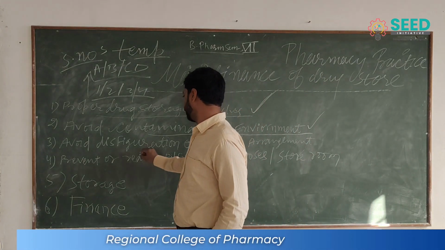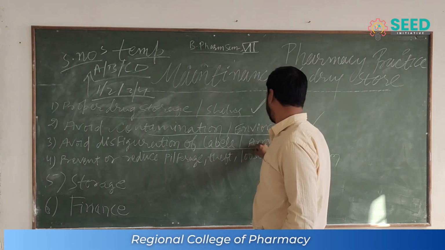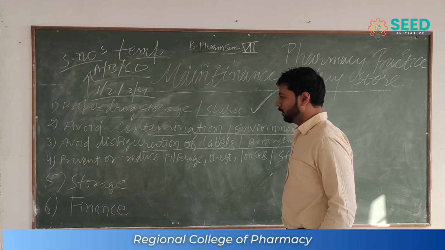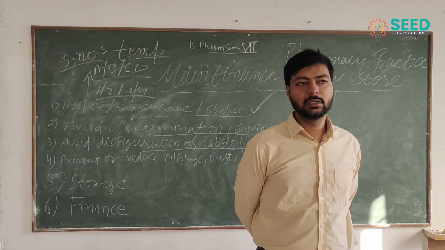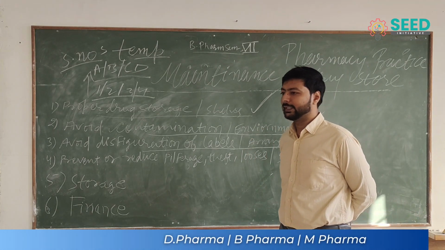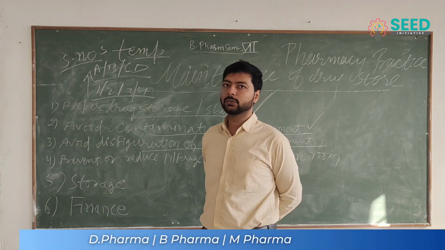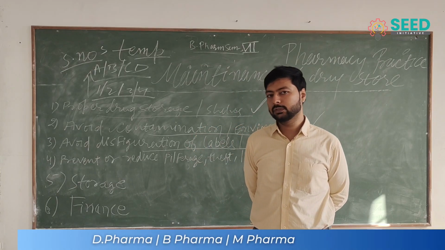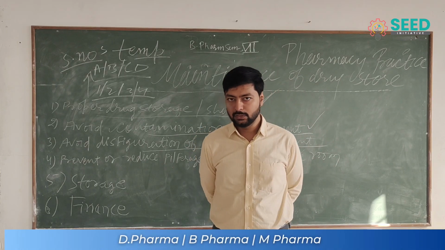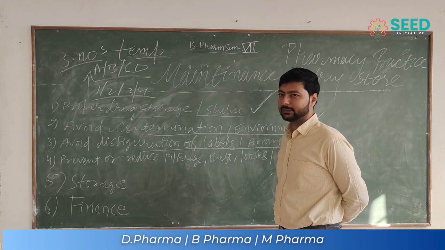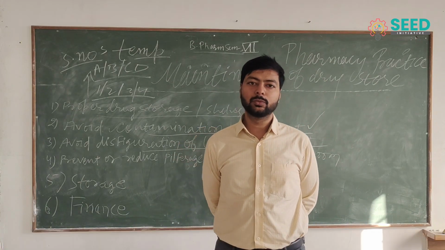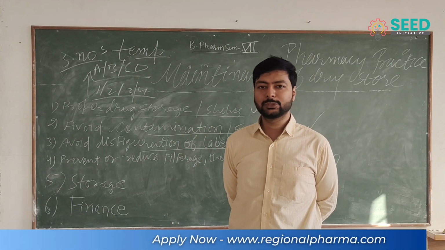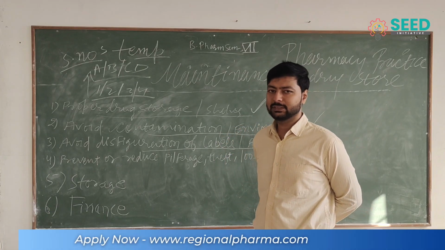Avoid disfiguration of labels and arrangements. Avoiding disfiguration of labels means if the drug is containing 1 gram, just type 1 gram, not less and not more. Avoid these types of mistakes because sometimes we are giving drugs to infants, small kids and adolescents.